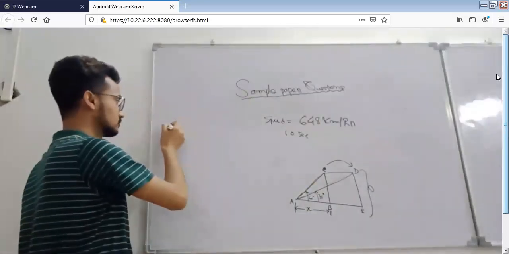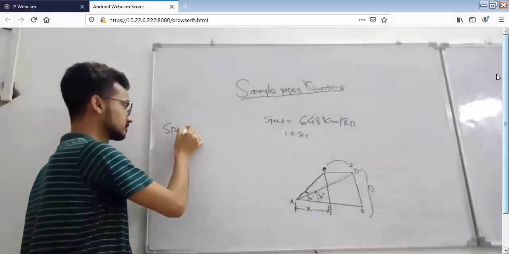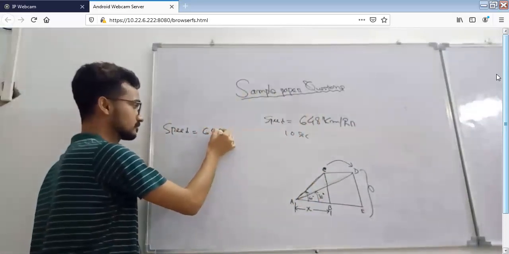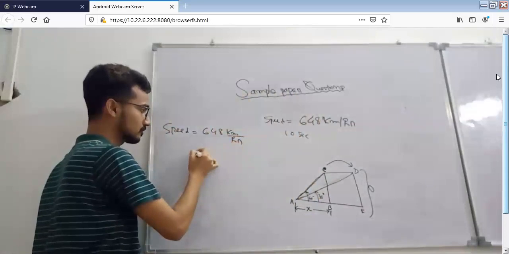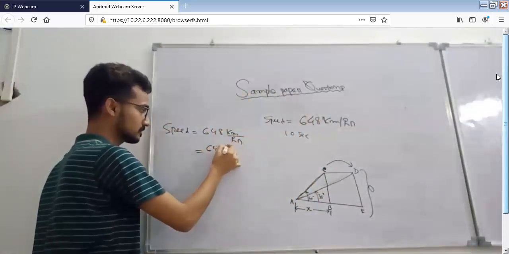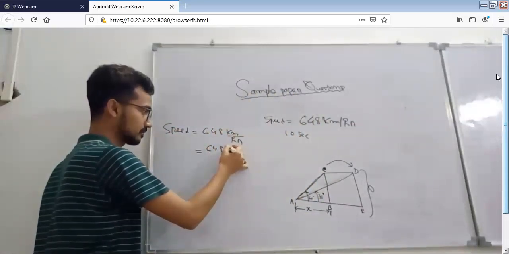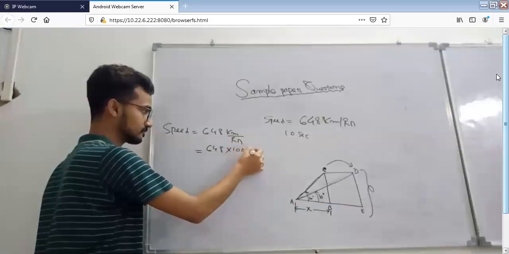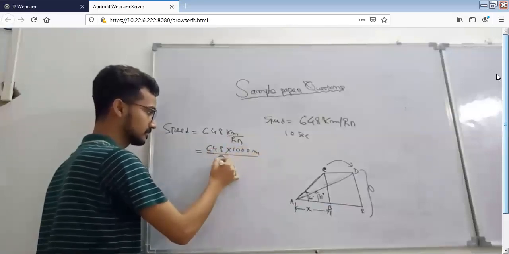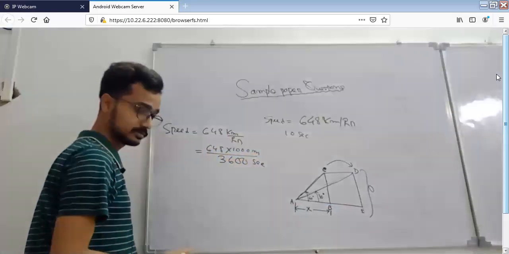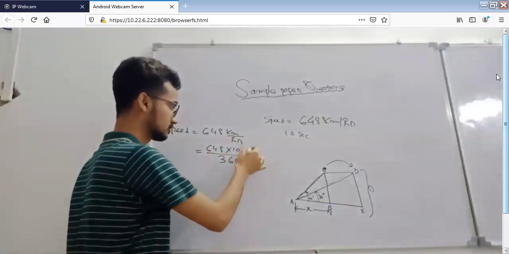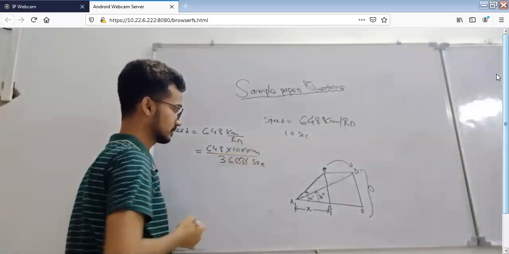All of you first convert. Speed equals 648 kilometers per hour, and you all know how to convert into meters per second. 1 kilometer means 1000 meters, and 1 hour means 3600 seconds. If you simplify, the zeros get cancelled.